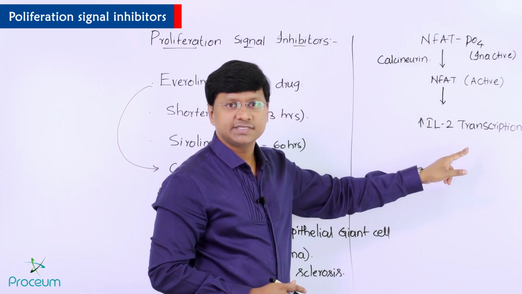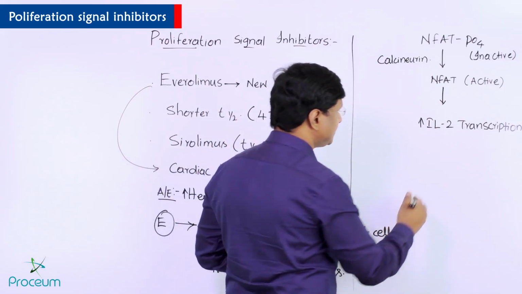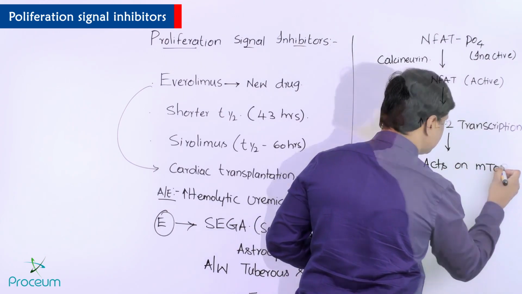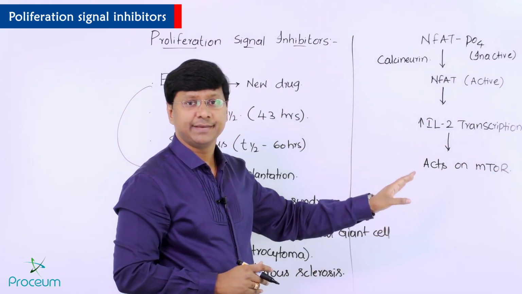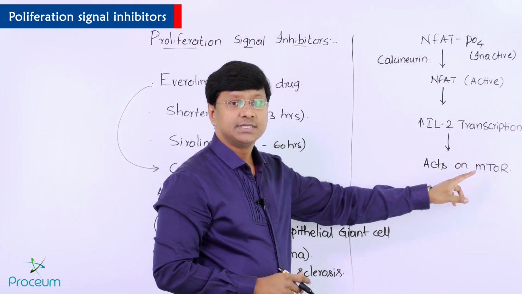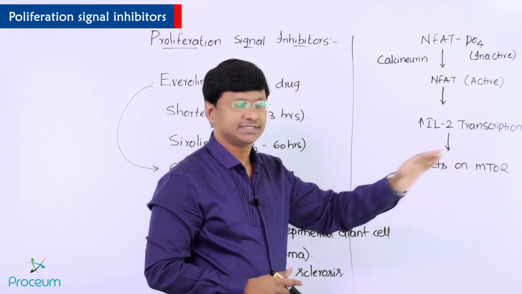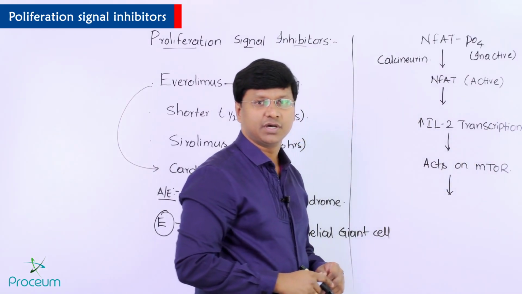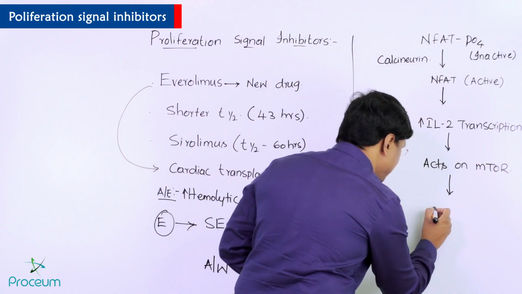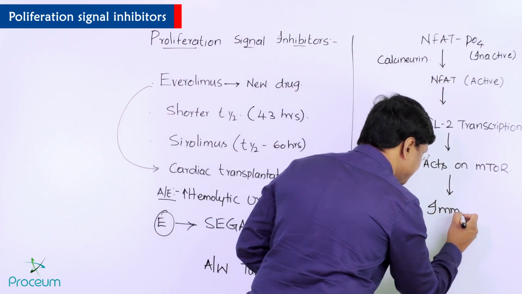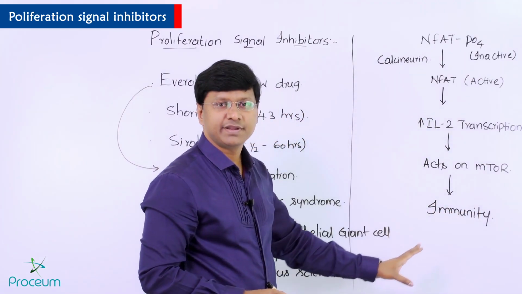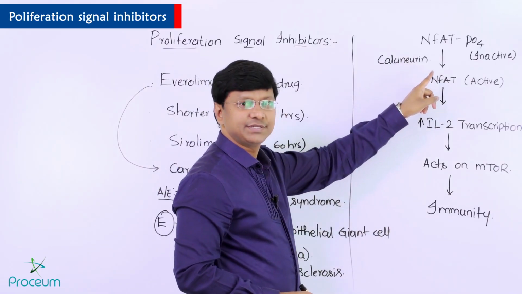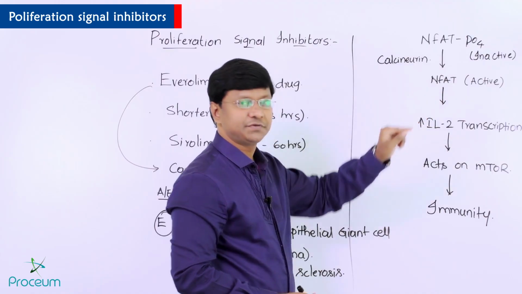By increasing interleukin 2 transcription, it acts on mTOR, that is the target of rapamycin. Once interleukin 2 acts on mTOR, there will be activation of the immune system. So this is how our immune system gets activated. At this point we require calcineurin for the conversion of NFAT phosphate to NFAT.